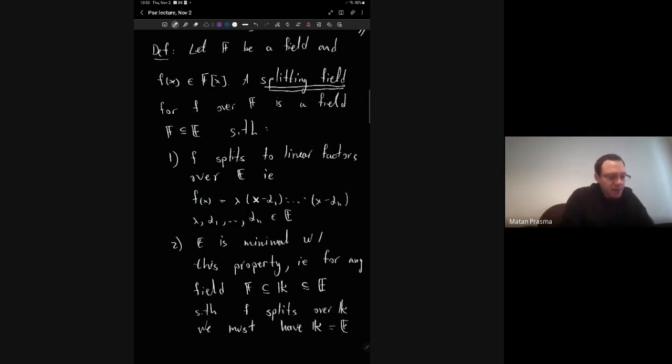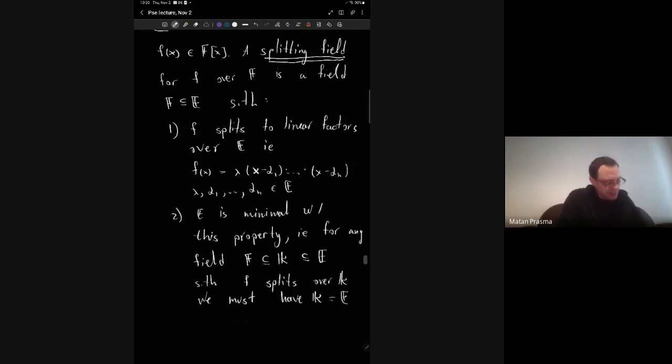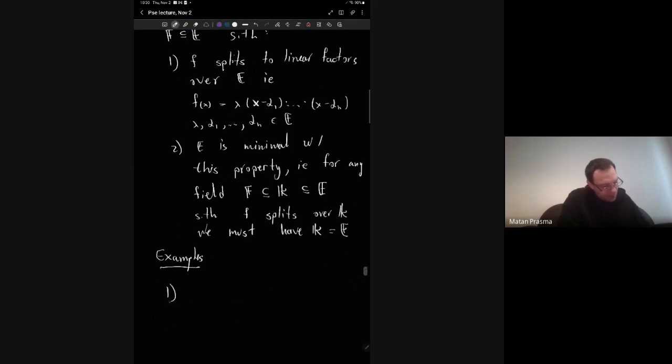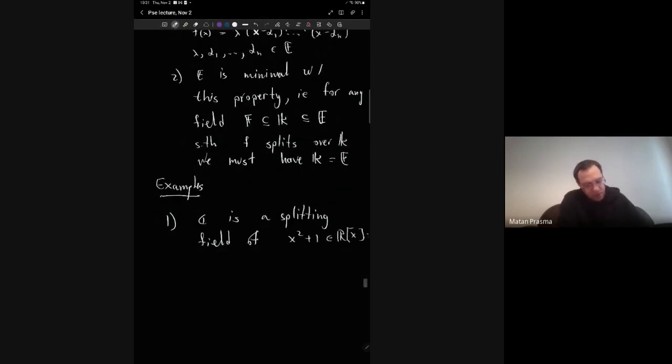So a splitting field, probably the canonical example that everybody knows, is that C is a splitting field of the polynomial x squared plus 1, when I think of this polynomial as a polynomial over R. So how do I see that C is indeed a splitting field of this polynomial?